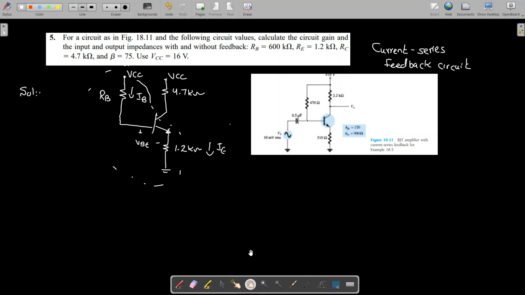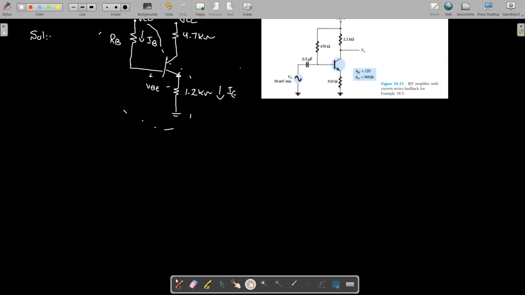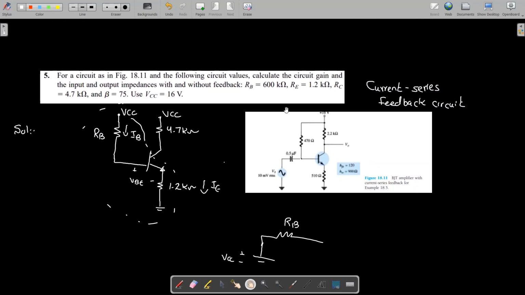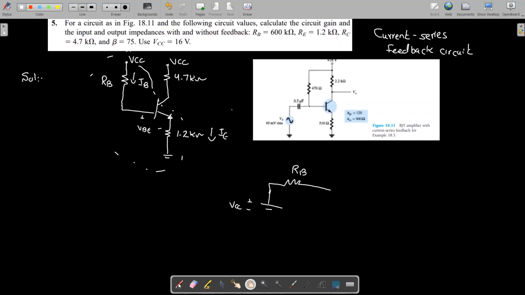So if I redraw this circuit, I have a VCC. This is my plus minus VCC. Then I have the resistance RB, and this RB value is given, which is 600 kilo ohm. Right? And then we have a transistor. We have the base to emitter junction.